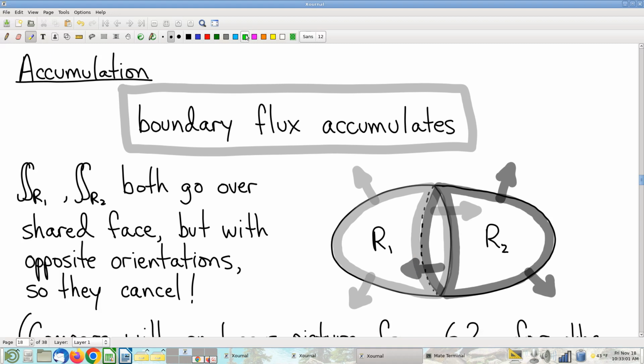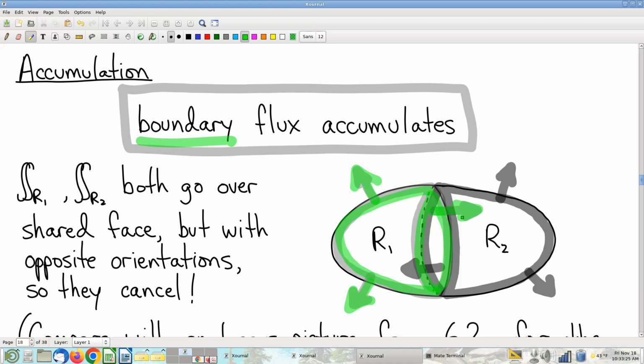If you look at the left piece, boundary flux, keep in mind, boundary means outward oriented. So the boundary looks like that, and then also there's kind of this piece here, all oriented outward. Boundary means outward, away from the solid.